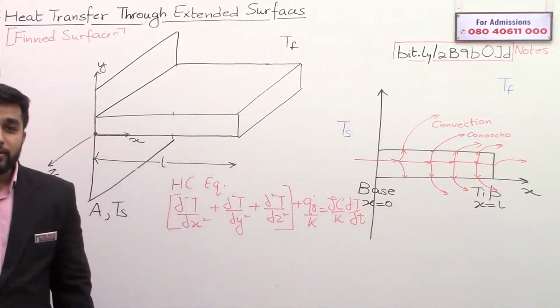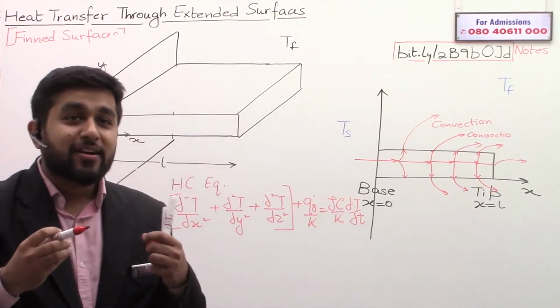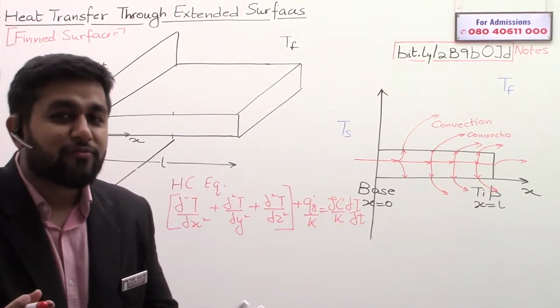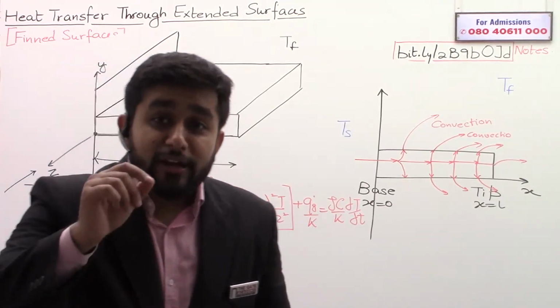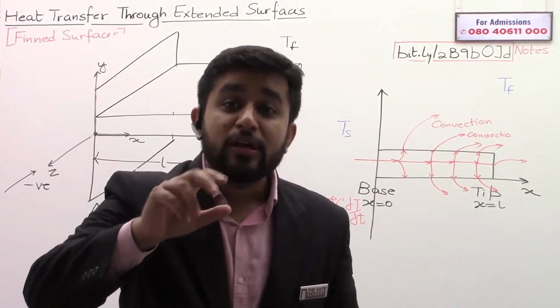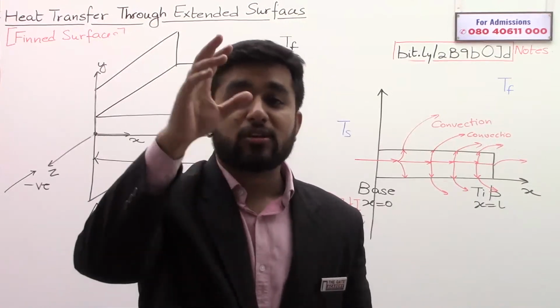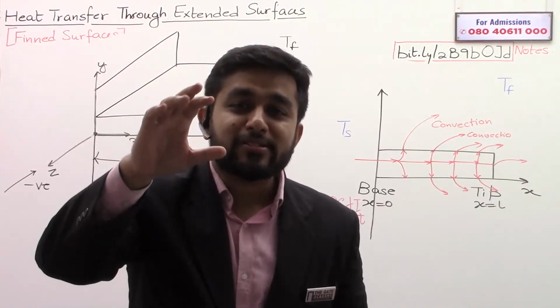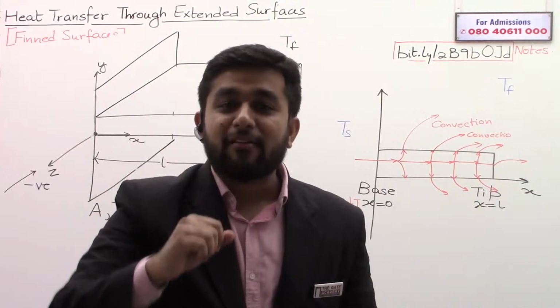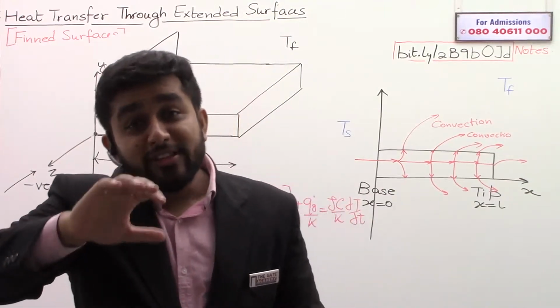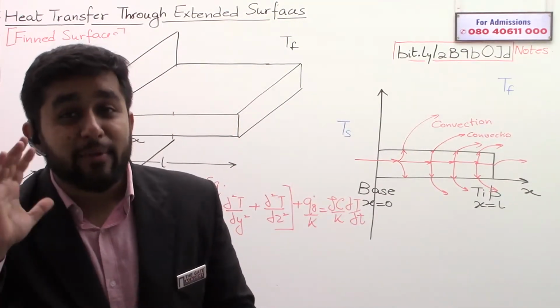Okay. Now, those who do not know what is heat conduction equation, you need not worry at all. Actually, heat conduction equation is an equation which relates temperature gradient. Temperature gradient means del T by del X, del T by del Y, del T by del Z with the temperature rate, that is del T by del time.